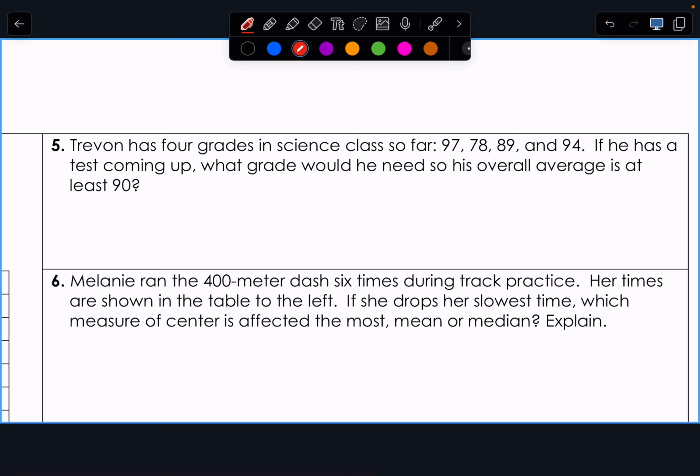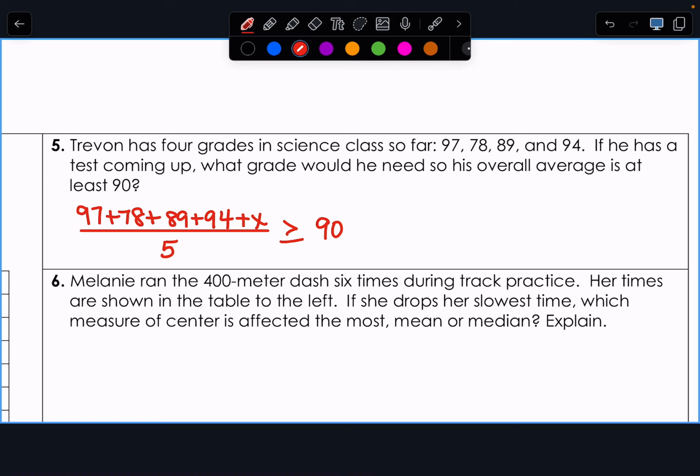What would we do to find average? We would add up our 5 scores, divide them by 5, and we would want that to be bigger than or equal to 90. Do you agree? How would we solve this?